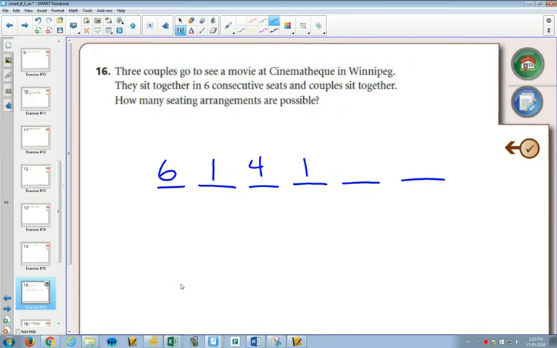And then how many choices here? 2, and then 1. So you could write, this is anyone. And then this 1, you could write that this means that the couples have to be together. That's why I only have one choice.